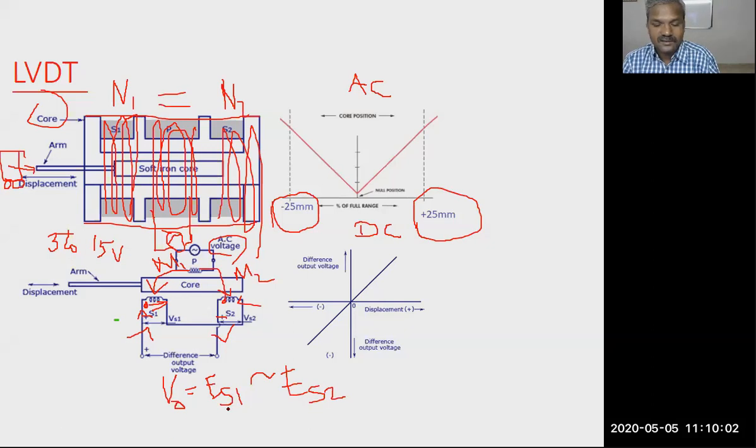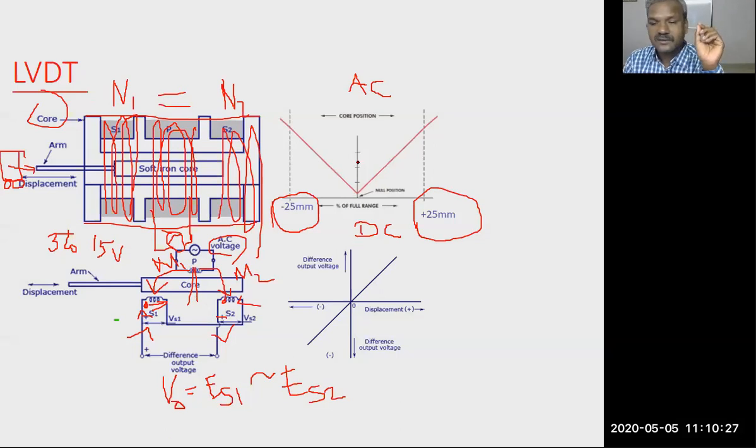So V0 is ES1 minus ES2. If we vary the core, when the core is at the null position, the EMFs induced in the two secondary coils are almost equal. So at the null position, we will get zero voltage output.